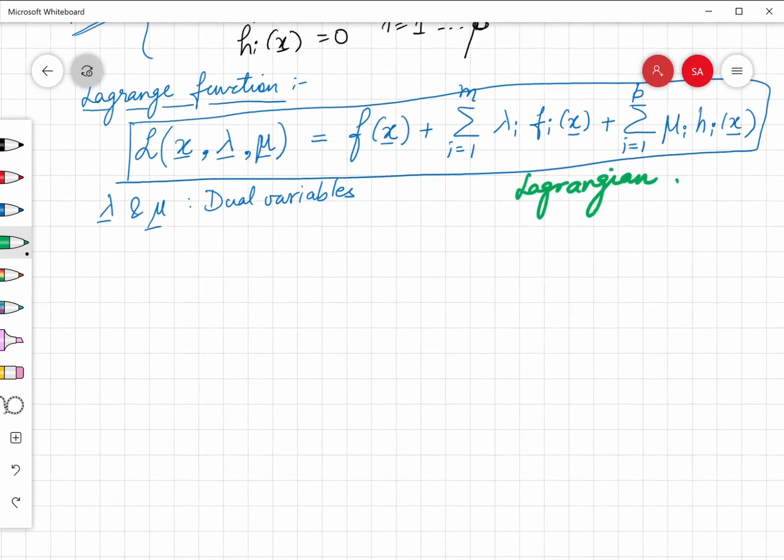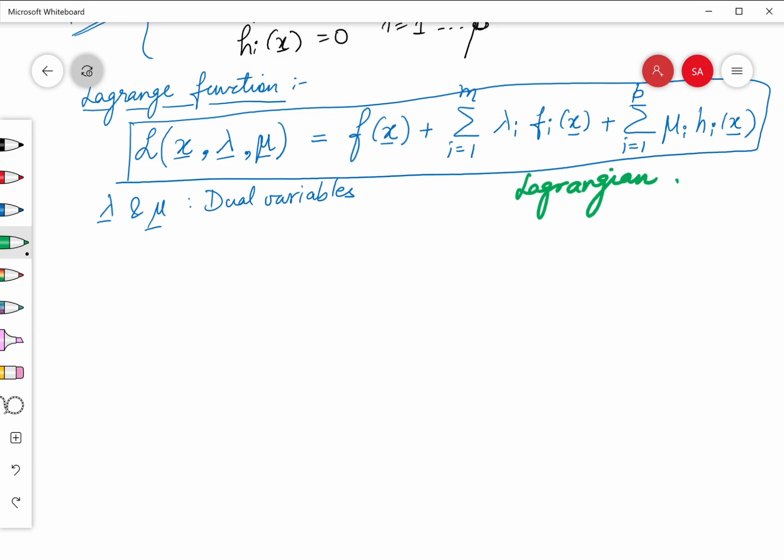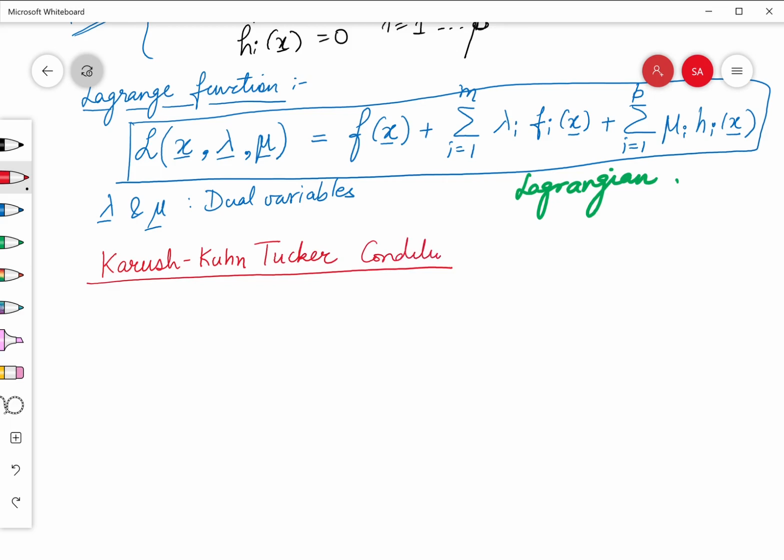And how we solve it is that we form something called the KKT optimality conditions. This is called the Karush-Kuhn-Tucker conditions.